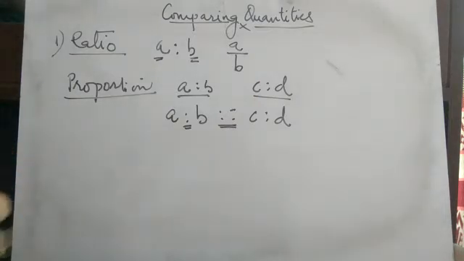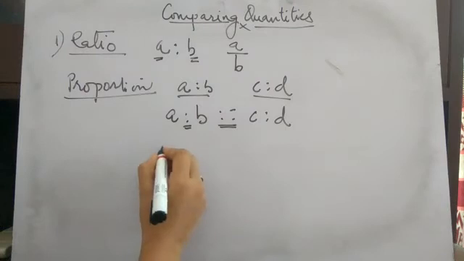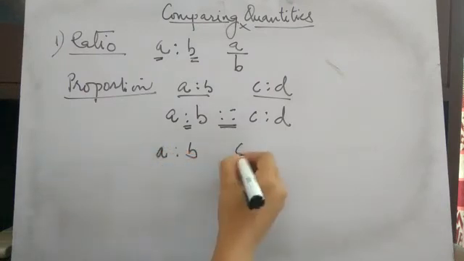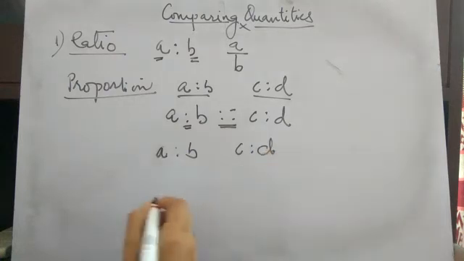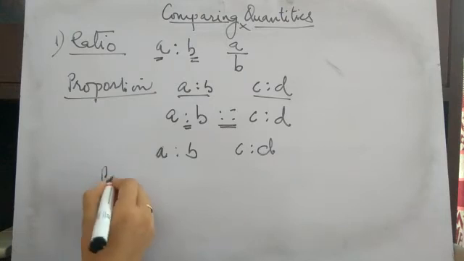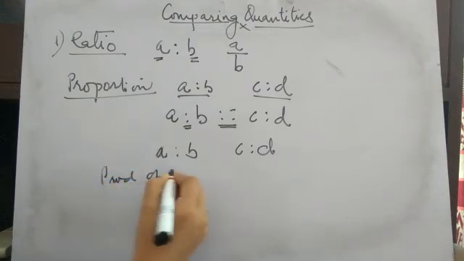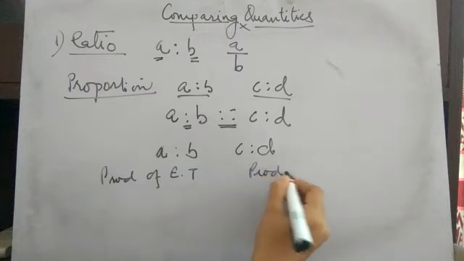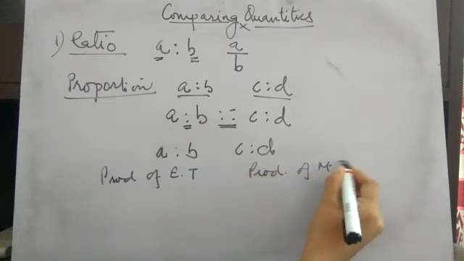Okay. And suppose you have sums and you are asked to check, for two ratios like A is to B and C is to D, whether these ratios are in proportion or not. So what do we do? We find out the product of the extreme terms and we find out the product of the mean terms.